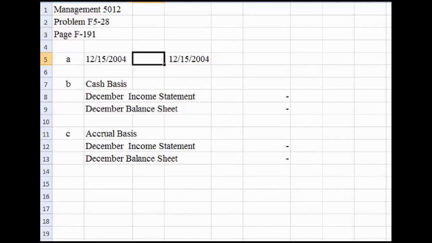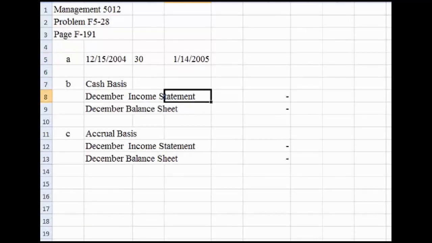It displays the date, but the number behind the date can be used for calculations. In the next cell over, the number 30 is typed for 30 days. The next cell to the right of the 30 contains a formula adding the 12/15/2004 cell to the 30, which results in the date that the payment is due, 1/14/2005.